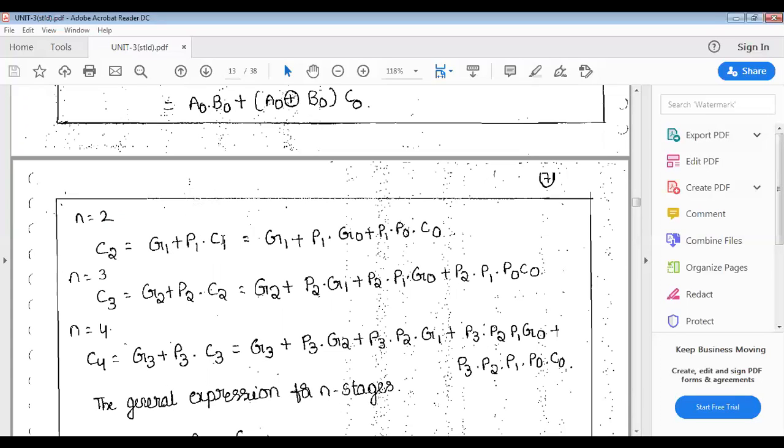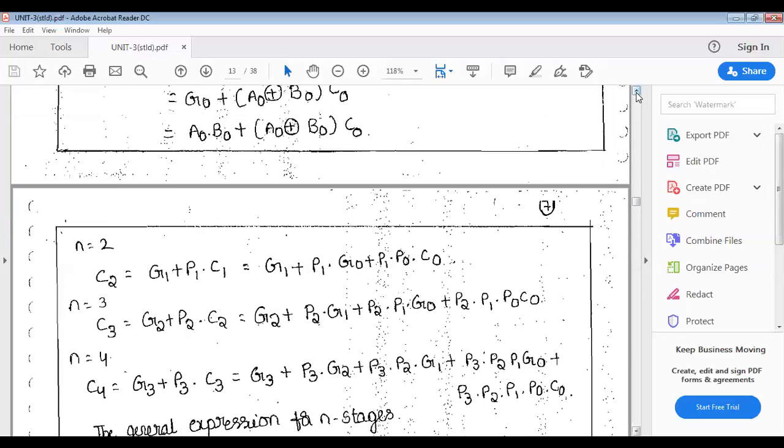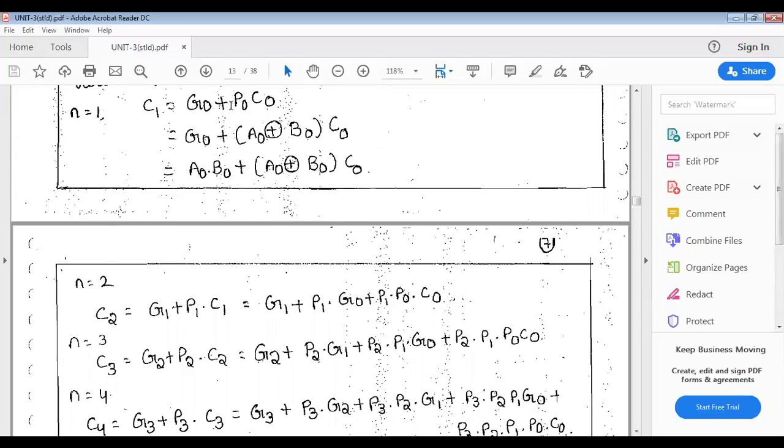And what is C1? C1 is G0 plus P0 into C0, from the first equation.